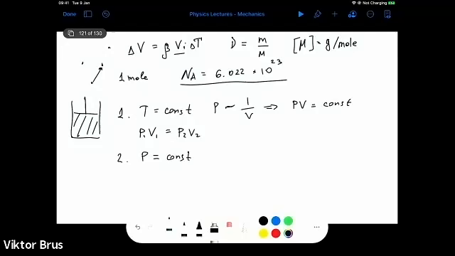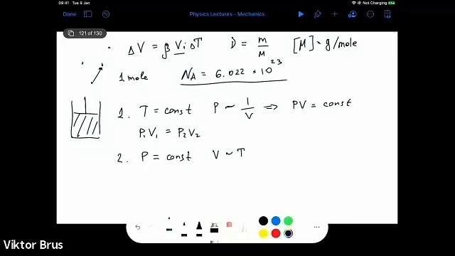In this case, if pressure is kept constant, the volume this gas occupies is directly proportional to the temperature. So we can write that for an isobaric process, volume is proportional to temperature.